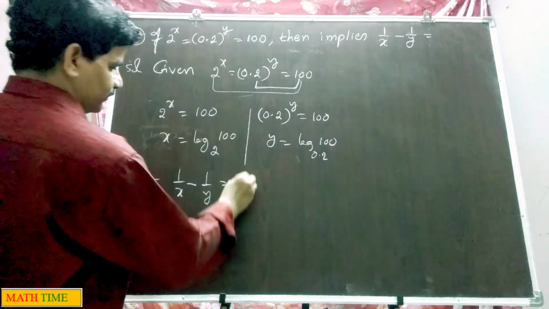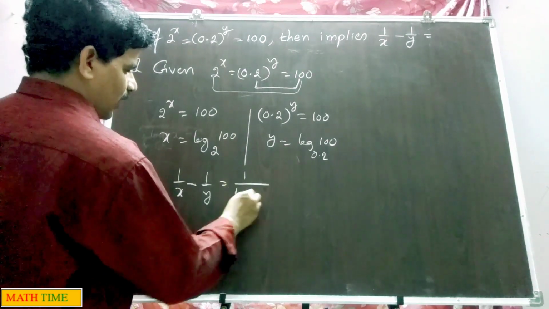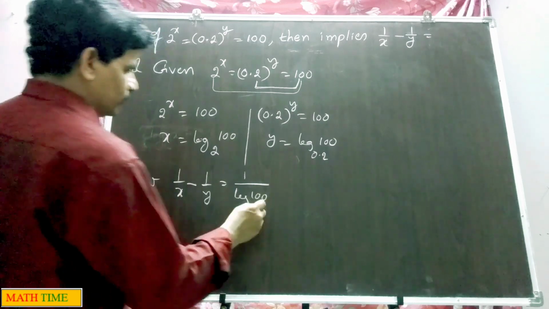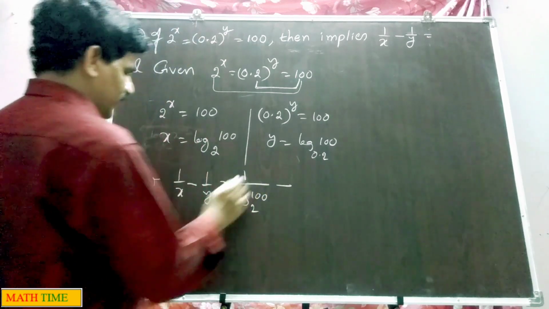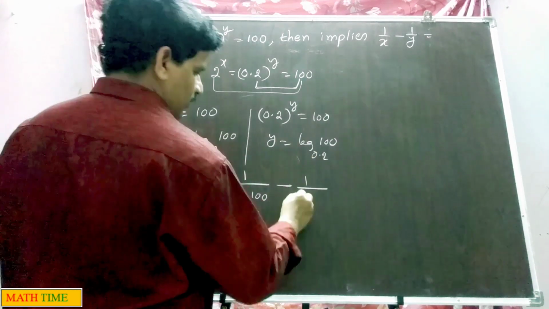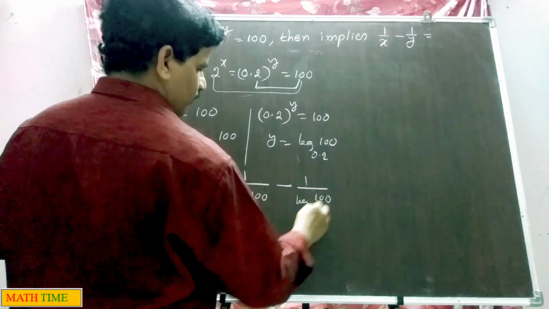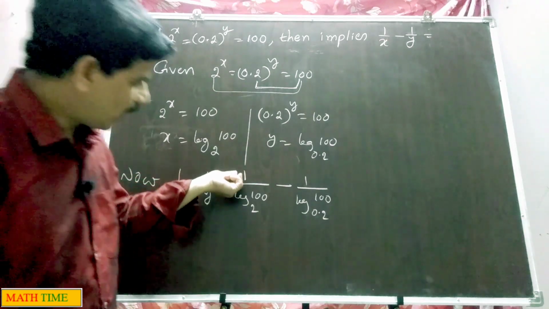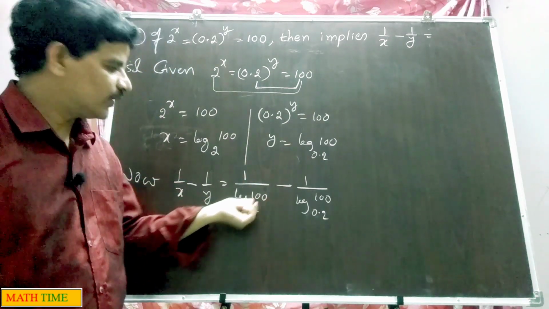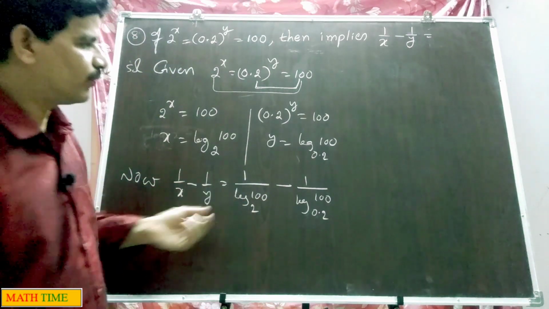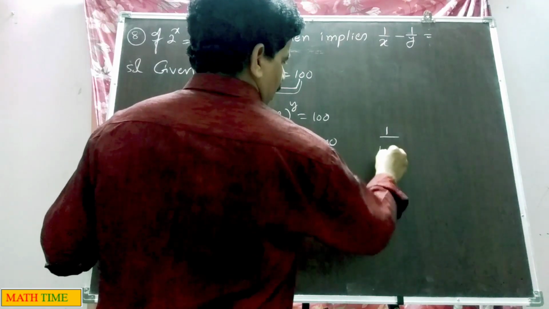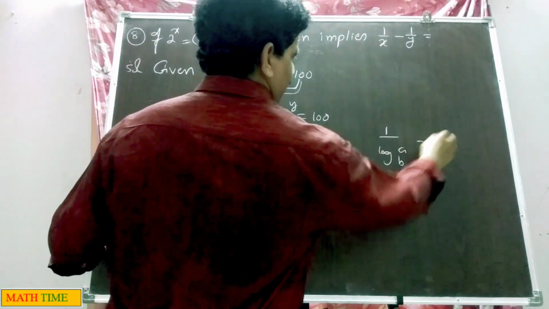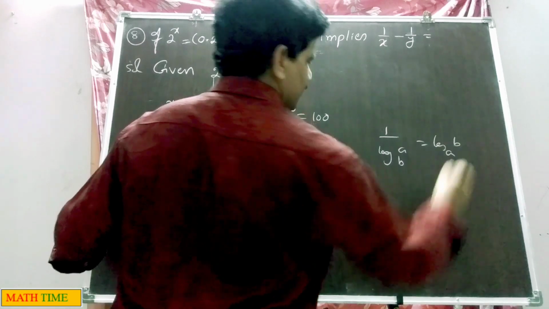What is x? Log 100 to the base 2, minus what is y? y is log 100 to the base 0.2. So this is 1 by log a to the base b. What is the formula? 1 by log a to the base b is log b to the base a.